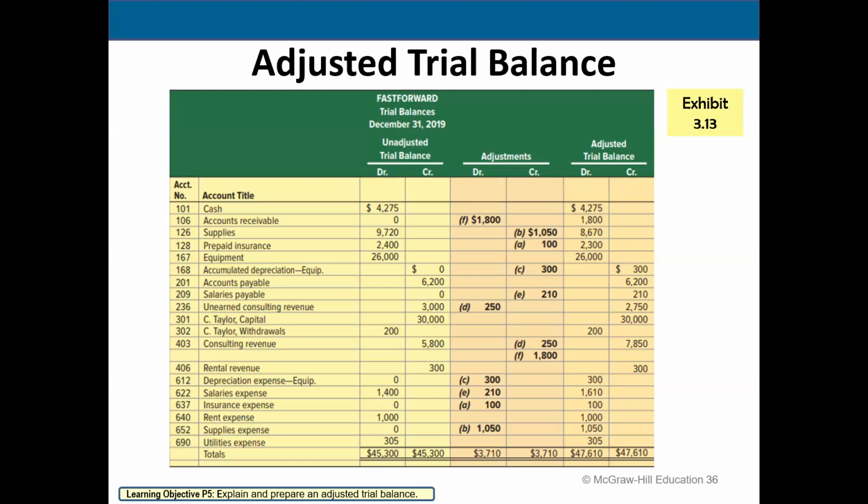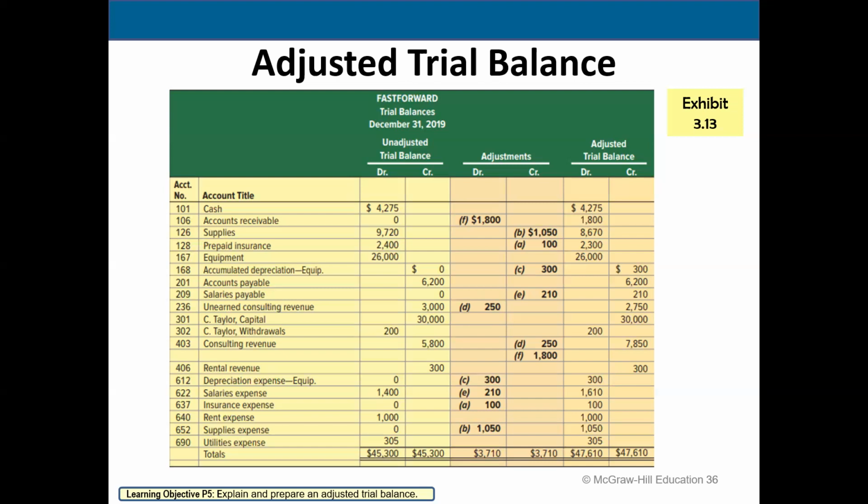And so that will also help us with our balance sheet. And then from C. Taylor Capital down to C. Taylor withdrawals, those are our equity accounts. Then you can see we have two revenue accounts, consulting and rental, and then expense accounts. So we have all the information we need.